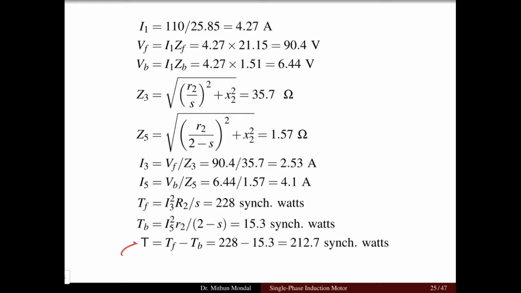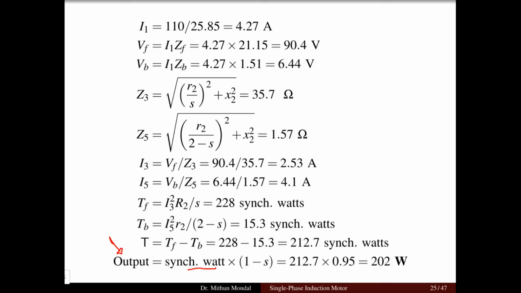The total torque is the forward torque minus the backward torque, so that comes to 212.7 synchronous watts. The output power that was asked in the problem is synchronous watts multiplied by 1 minus S, a formula we have already discussed in the lecture part. That gives 202 watts. So this is the final answer for problem number 1.